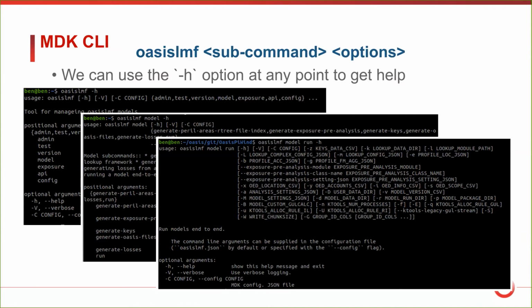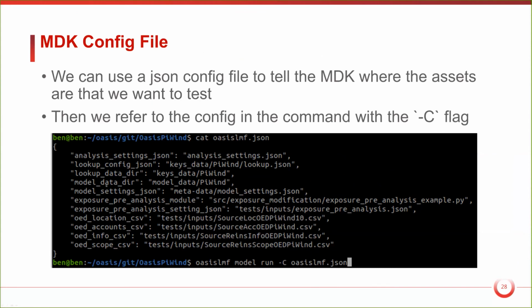So just jump back to it. This has got a lot of information in here, for example, showing me where the lookup data directory is and where the model data directory sits. And then when I want to run something, I can just do oasislmf model run with a -C flag to this oasislmf.json config file that I've highlighted here.